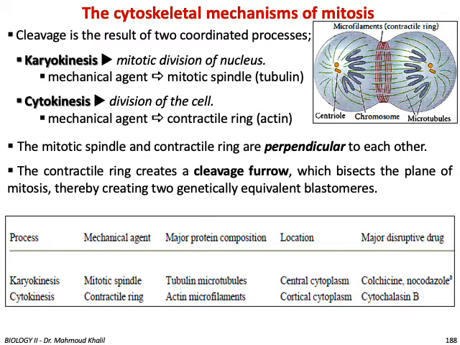You can see here a comparison between karyokinesis and cytokinesis by the mechanical agent, the major protein, tubulin and actin, the location, and the major drugs used to stop this process. Colchicine is used to stop karyokinesis, and cytochalasin B is used to stop cytokinesis. These drugs are used as well for treatment of cancer.